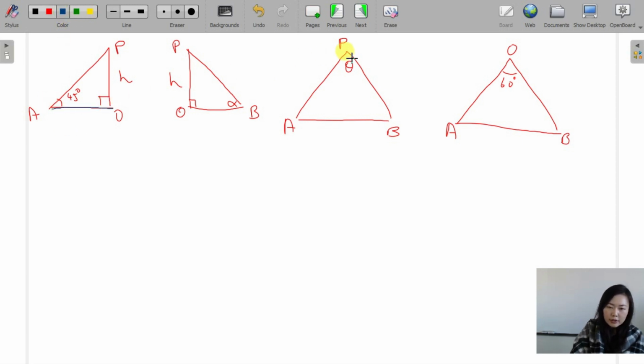So AO, actually I don't want to work out AO. I want to work out AP. Wrong one. Okay, AP, because that's the shared side. And then PB. All right, I'm going to work out those components. So let's start with this one here. So what's that sine?